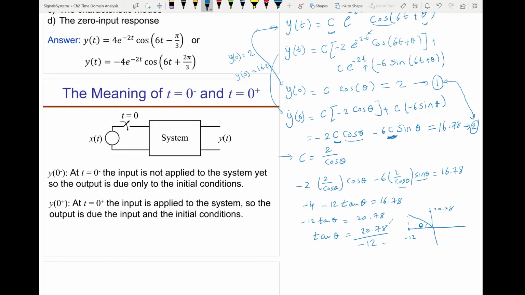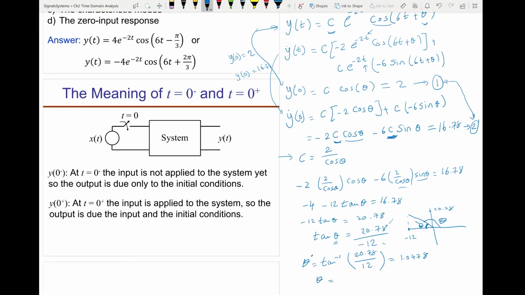If you find this theta, it's not the same as the one we are after, so let's call this one theta bar. If I use the calculator, tan inverse of 20.78 over 12, and if you do this, you will get 1.0478. Let's call this theta bar.